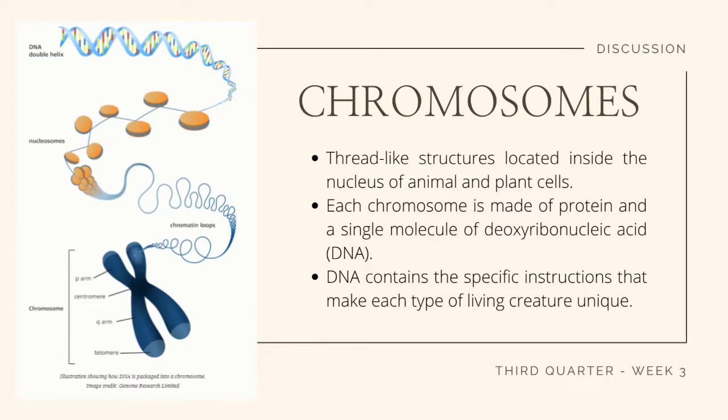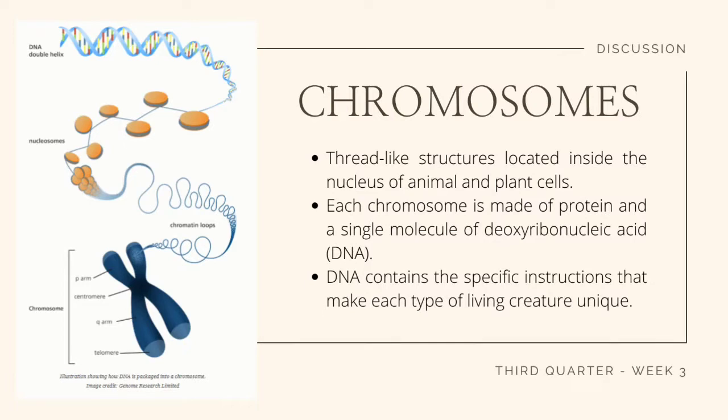Okay, so chromosomes are thread-like structures located inside the nucleus of animal and plant cells. Always remember that each chromosome is made up of protein and a single molecule of deoxyribonucleic acid, or the DNA.